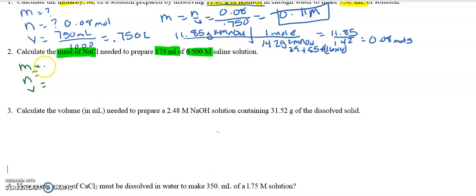So I'm going to write down my molarity. The number of moles I don't know, and I know the volume, which is 175, but it's milliliters, so I'm going to divide by 1,000 to make that liters, 0.175 liters.